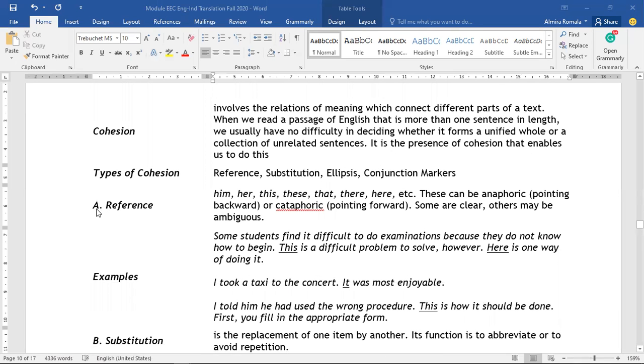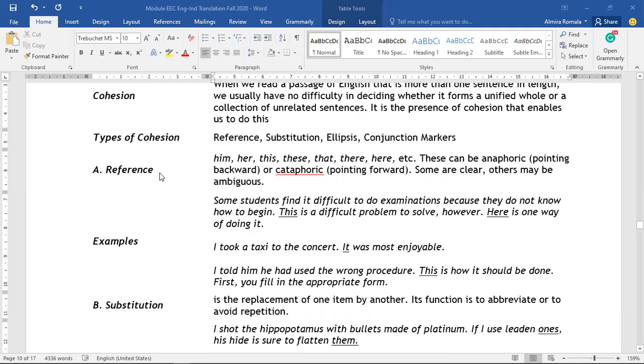Okay, let's talk about the first type of cohesion. In reference, there are personal pronouns and other references from the text that refer to something else. The examples are him, her, this, these, that, there, here, those, and them.